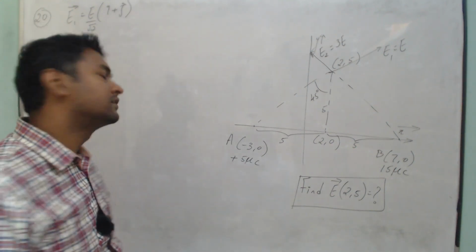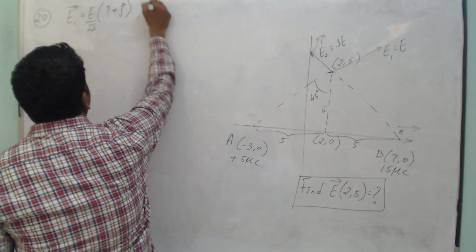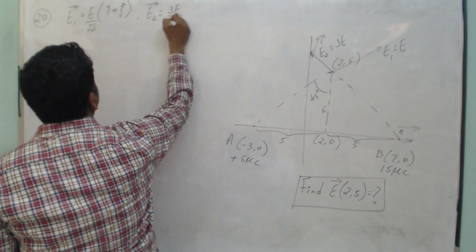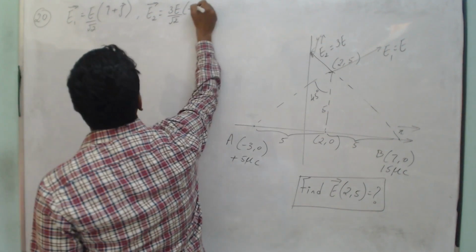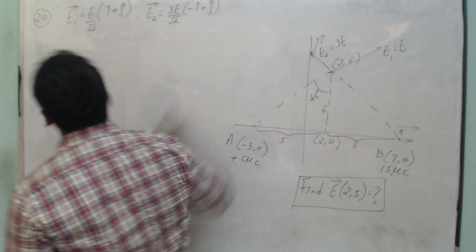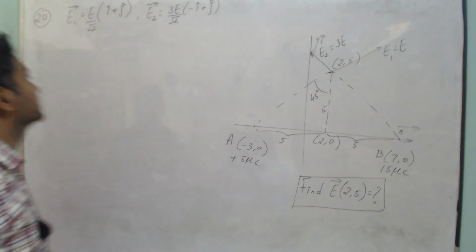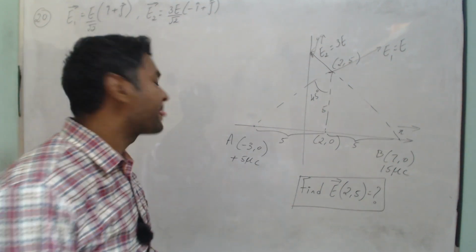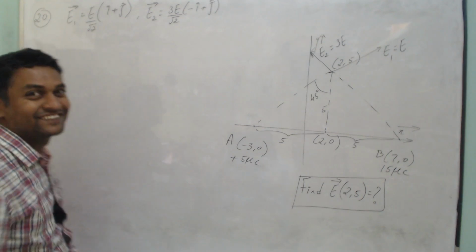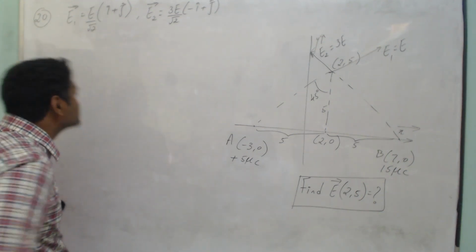Good. E2 bar, I should write it as 3E by root 2 times minus i cap plus j cap. Is this clear? Is this correct?